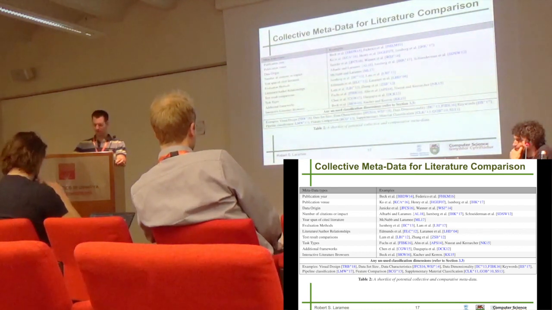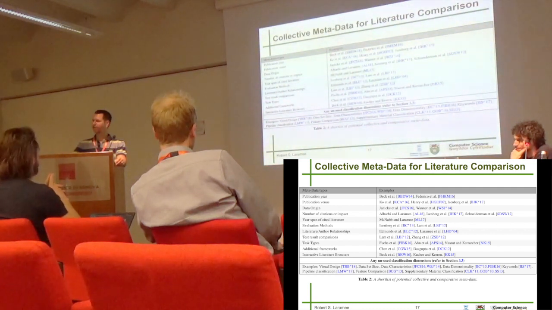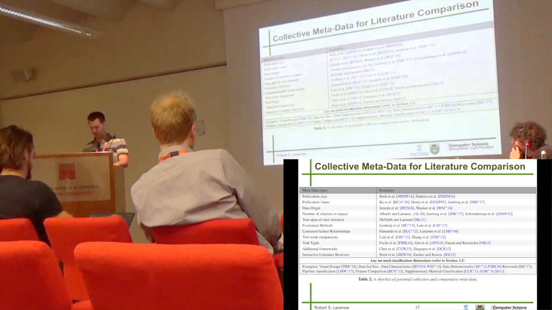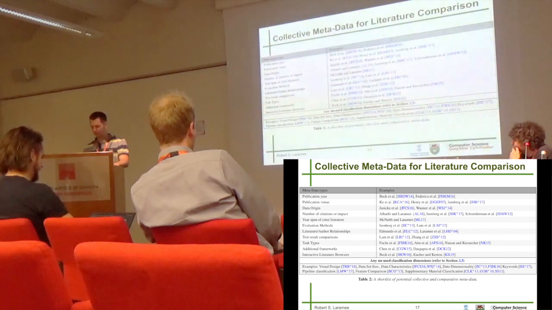Every survey, for example, has a span of years that the literature is taken from. That can be used as a nice added metadata. And so on. These are all different types of metadata you can collect to construct your survey. And these are all characteristics of the papers you can use to compare them with each other.